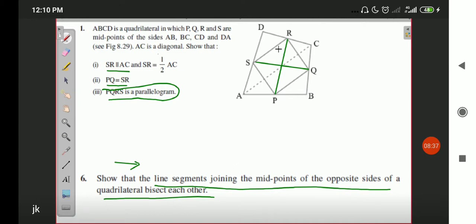So if you prove PQRS is a parallelogram, then the next statement will be, we know that diagonals of a parallelogram bisect each other. That means lines joining midpoints of opposite sides of the quadrilateral will bisect each other.